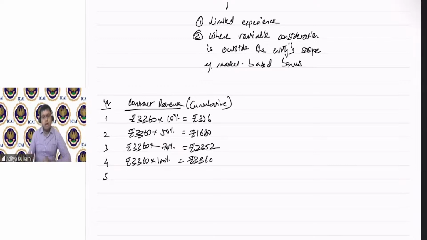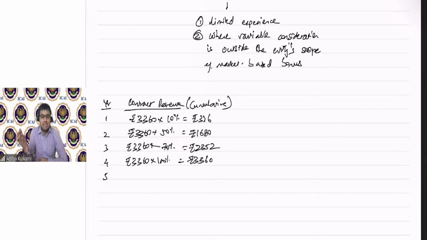And this is the amount that you are going to recover from the customer, because you submitted the bridge to the government department in the last month of the 4th year. So 3,360 is what you are going to get. Okay. So this is the contract revenue booked on a cumulative basis.